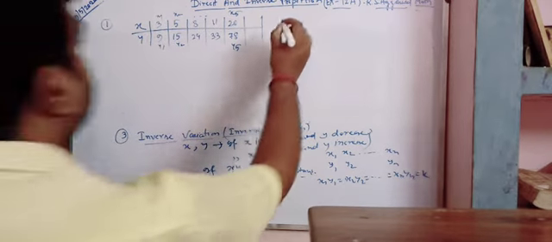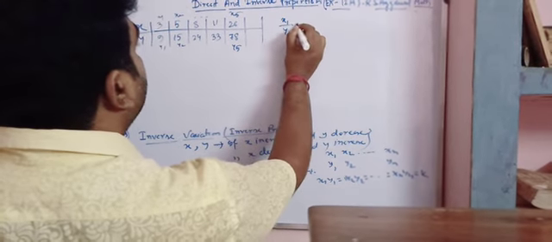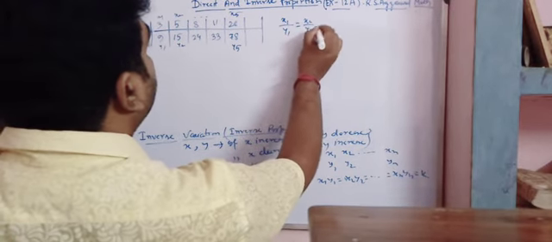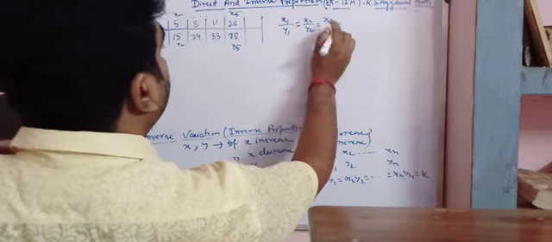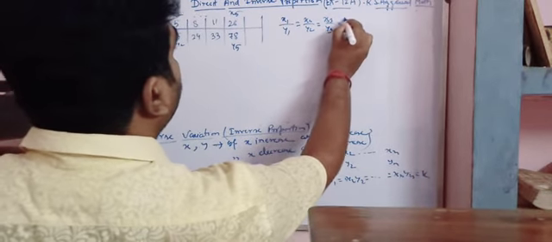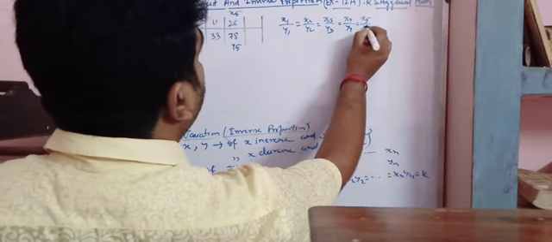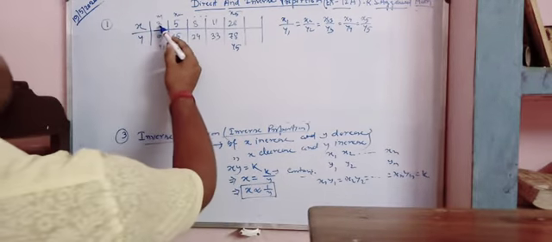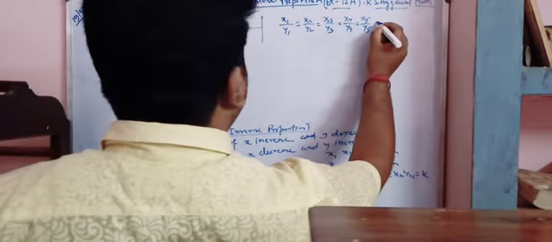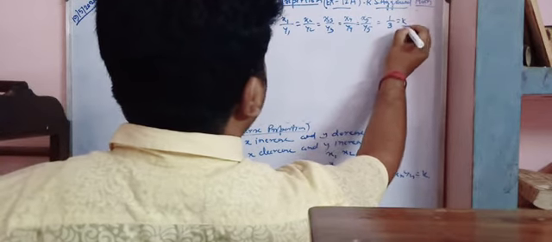Here we observe that x1 by y1 is equal to x2 by y2 is equal to x3 by y3 is equal to x4 by y4 is equal to x5 by y5. If we divide like this, we get the answer 1 by 3. So that's equal to k.